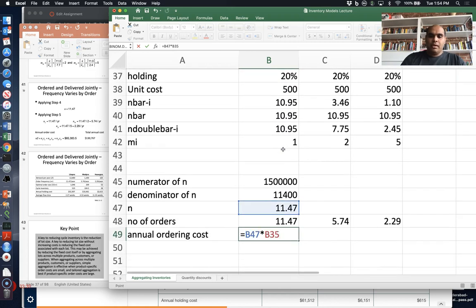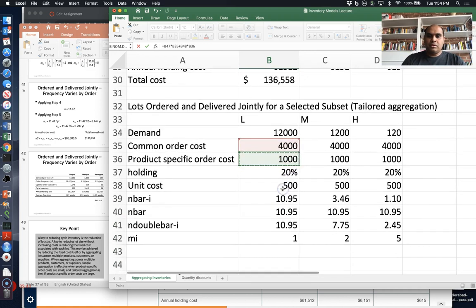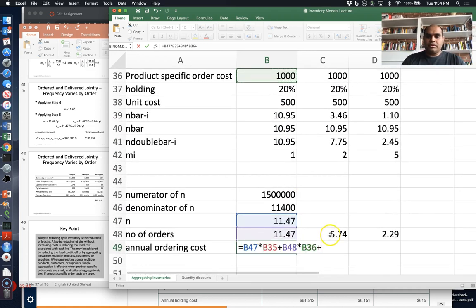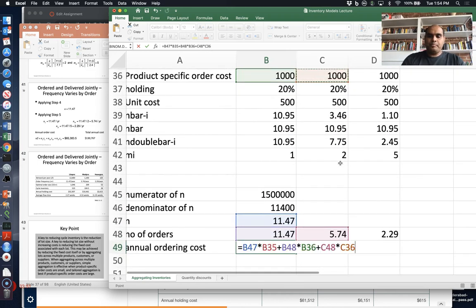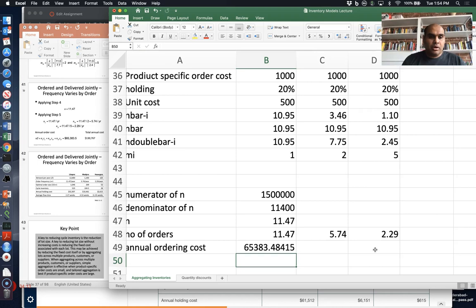But to that, you're also going to add this specific, and this specific. So this is the number of times you're going to incur the common ordering cost. This is the number of times you're going to incur the ordering cost for the Light Pro items, ordering cost for the Medium Pro items, and ordering cost for the Heavy Pro items. Right? And that's the total annual ordering cost.